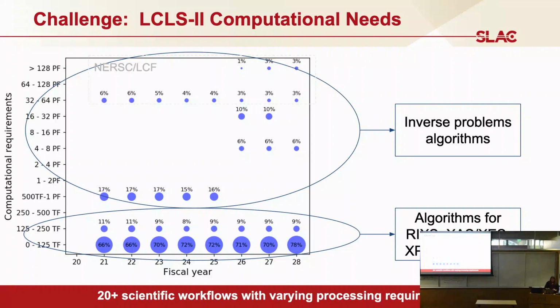So, for example, in 2021, we expect that 11% of experiments will require between 125 and 250 teraflops of analysis to run. And so we looked at that and we said, well, up to about a petaflop, that's not so bad. We could probably find a way to get smarter and manage that. But then you look up at the top and there are these things that are way up there, and you go, well, okay, we don't have years to analyze data, so what are we going to do?